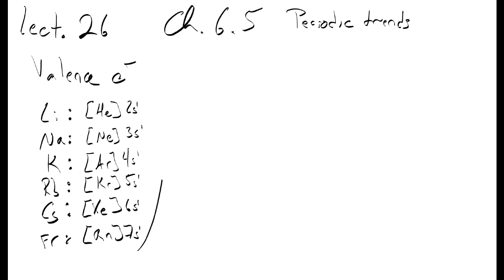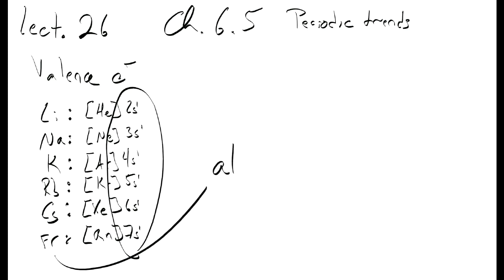These guys all have a single s electron as their valence electron. That is their outermost electron. Not only that, they all have the same sort of chemistry. These are all of the alkali metals. Similarly, for the alkaline earth, you have Ns2.